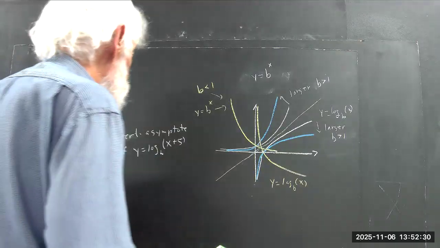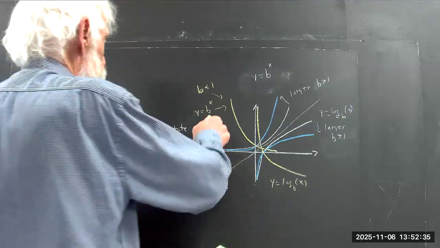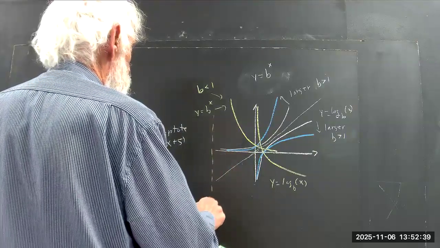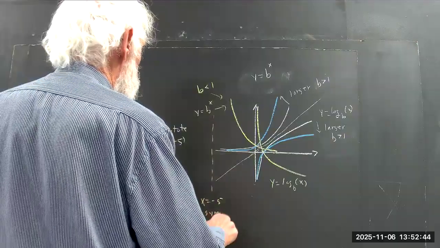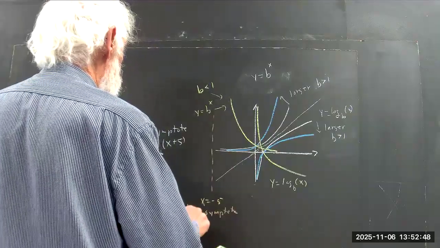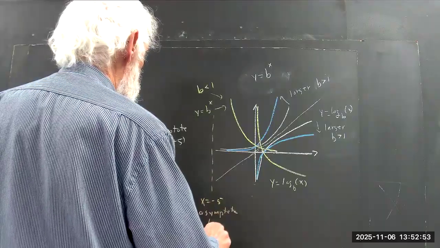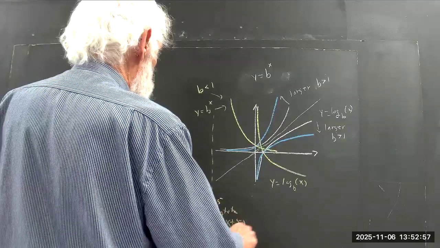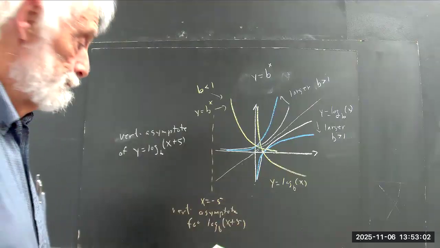Okay. So that's a vertical asymptote for any log of x plus 5.